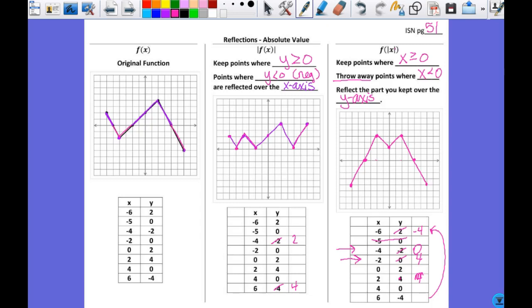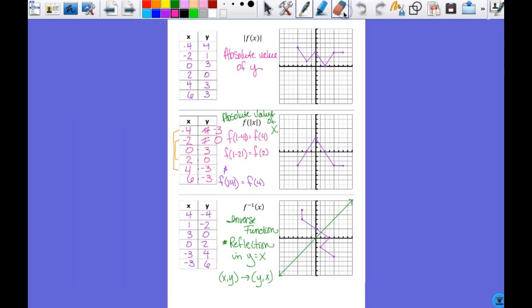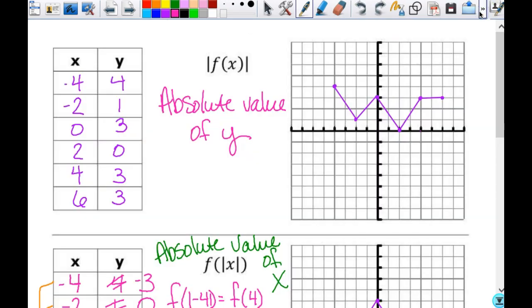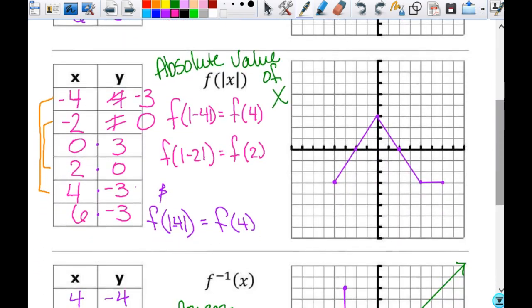All right, and I want to go back and look at the other one in just a second. Let me pause this real quick. Now, I want you to look back at your notes from Friday. Because if you use these words that go along with this, let's see, what was it right here? And we look at this one. So this is the absolute value of x, right?